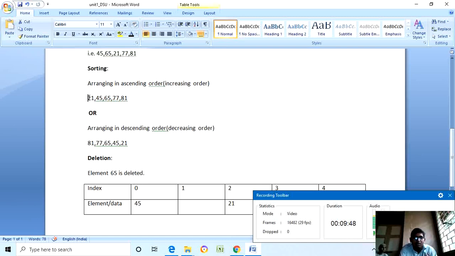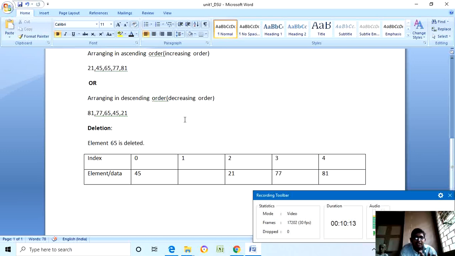If it is an ascending order arrangement, 21, 45, 65, 77, 81, then it is ascending order sorting. Whereas a decreasing order arrangement is descending order sorting. So sorting means arranging elements in a particular fashion.